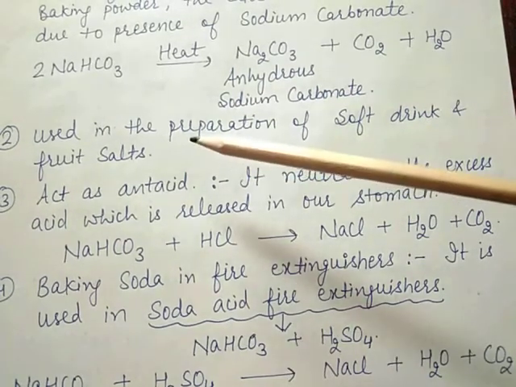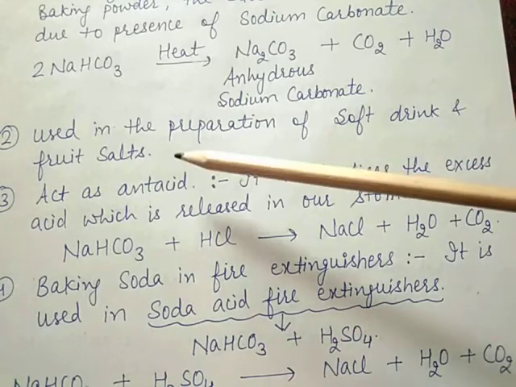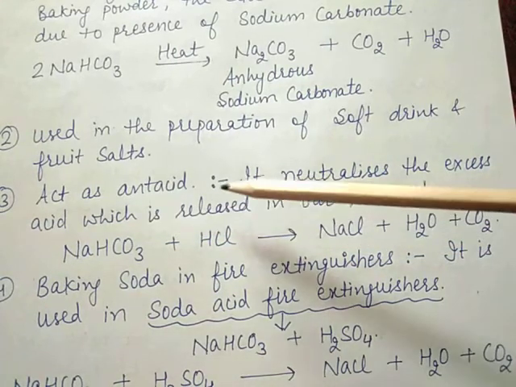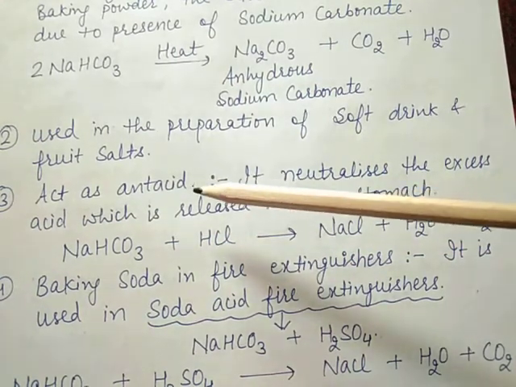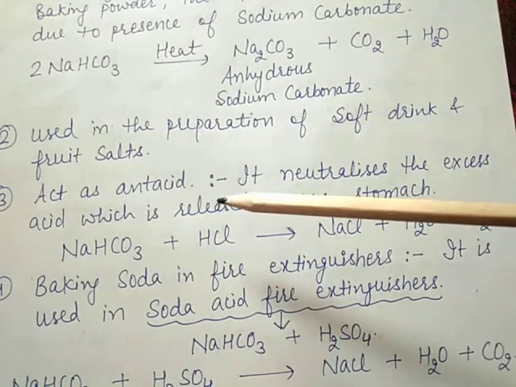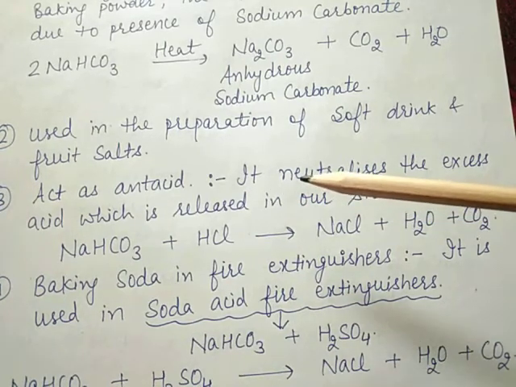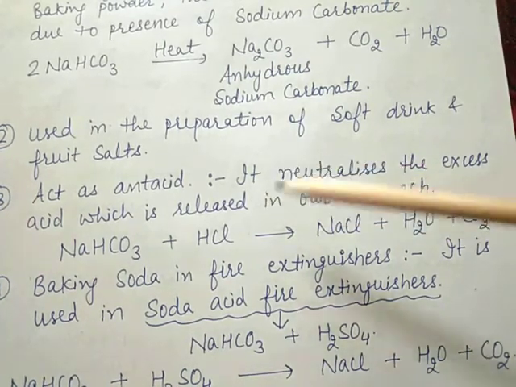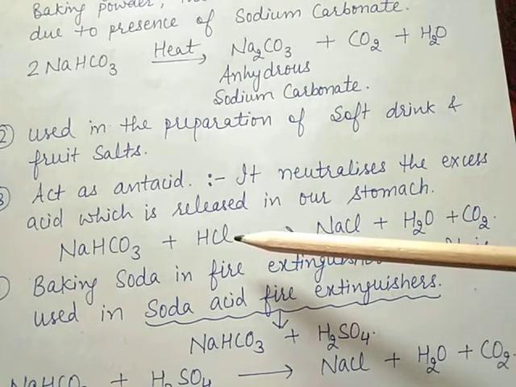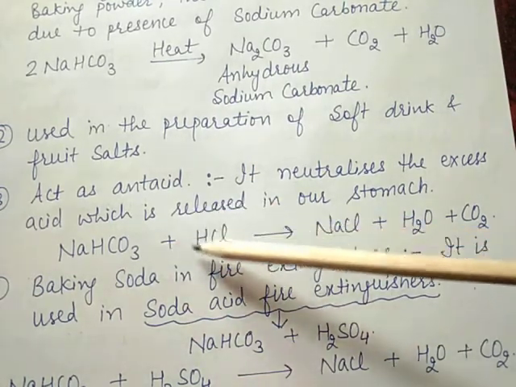Now the next use: it is used in the preparation of soft drinks and fruit salts. Point number 3: baking soda acts as an antacid. The acidity in the stomach is caused by the formation of excess HCl, hydrochloric acid. Then baking soda reacts with HCl.